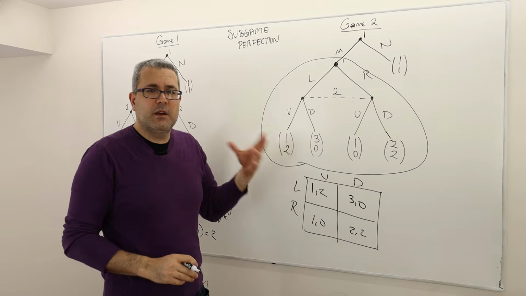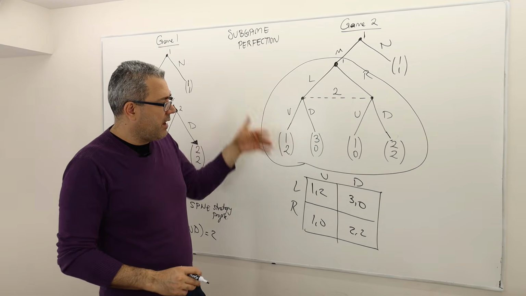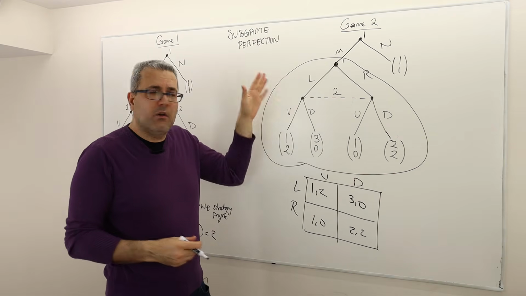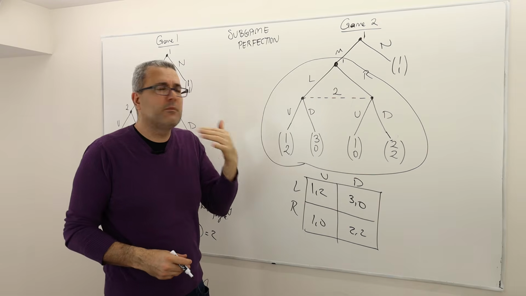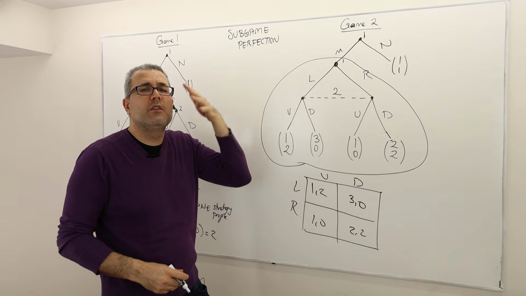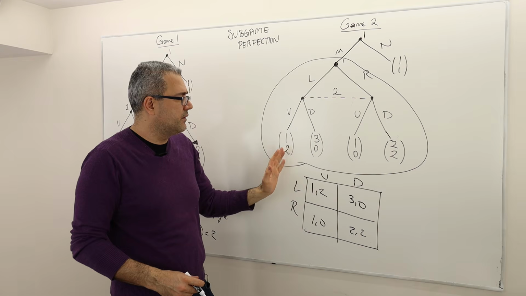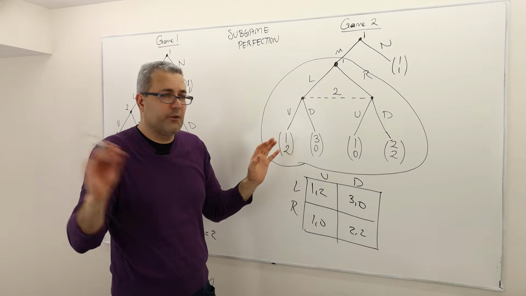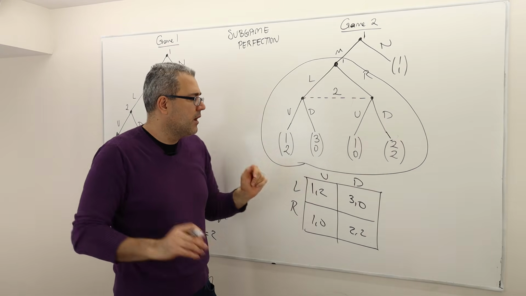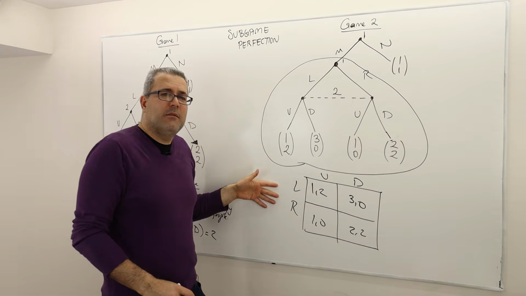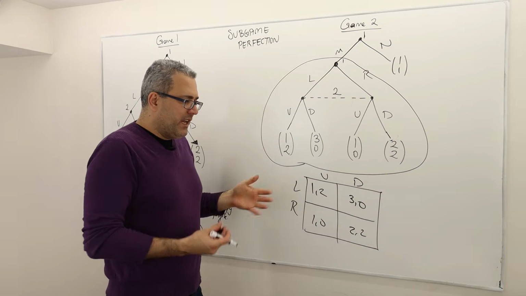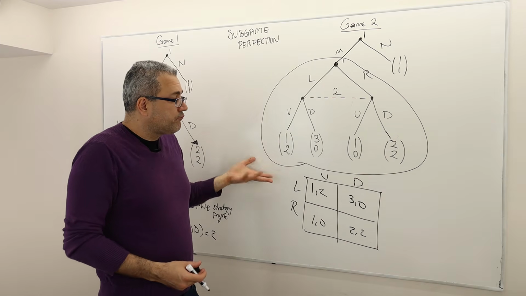Right? It's very much similar because in this game and in this game, the optimization, even though I applied the backward induction, remember I said player 2 should think that she may be here or here, and therefore she should consider both payoff 2 and 0 versus payoff 0 and 2. So exactly the same dynamics here, right?